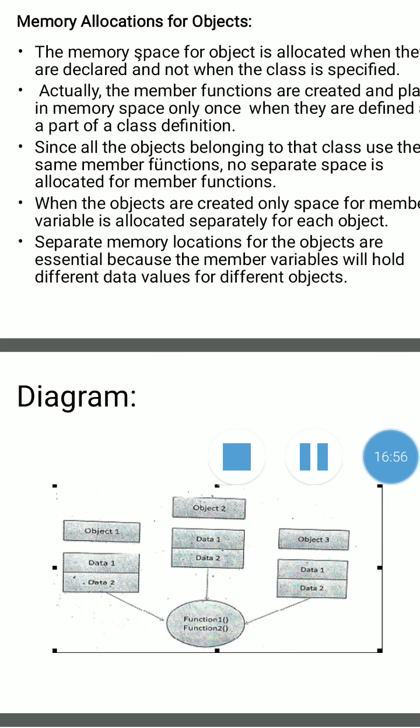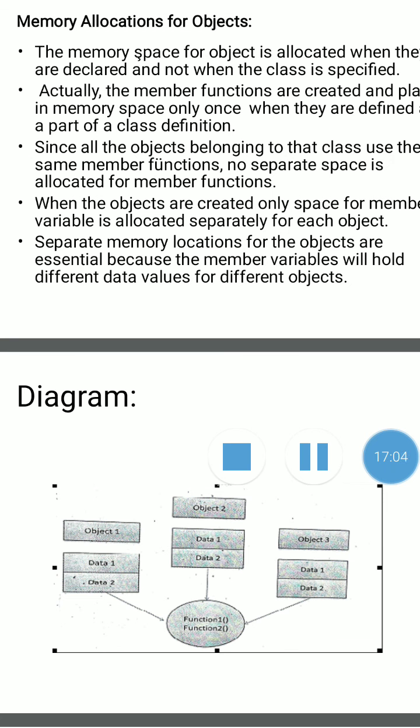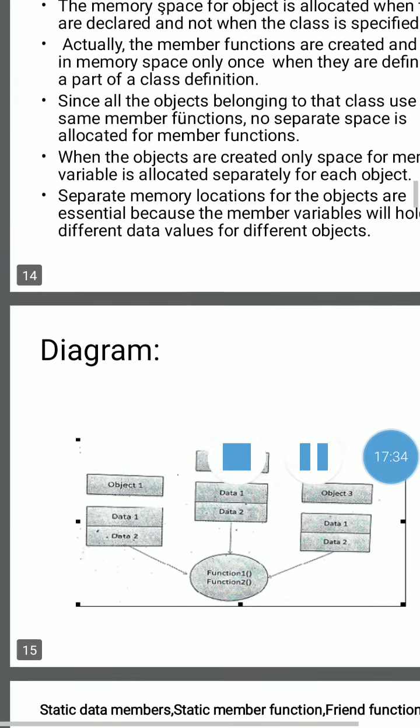After that, these functions are shared by all the objects of that class, from object 1 to object 60. All these 60 objects use the same functions. This is memory allocation for objects: separate memory is created for data members, but separate memory is not created for member functions. Thank you.